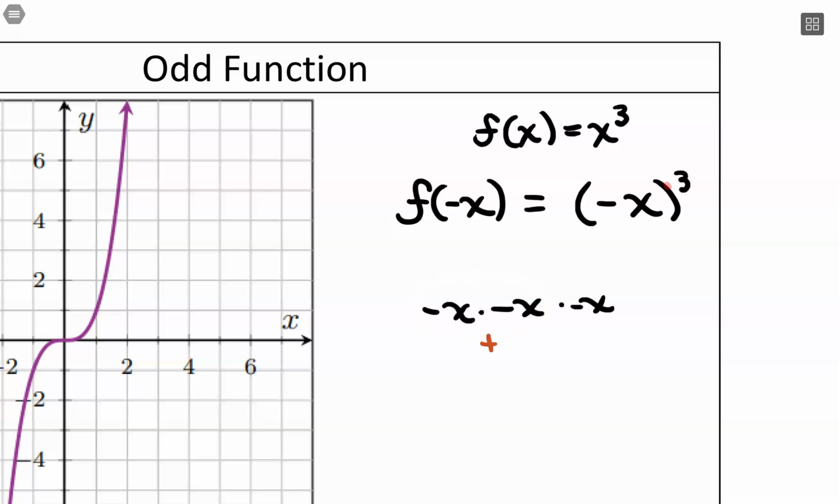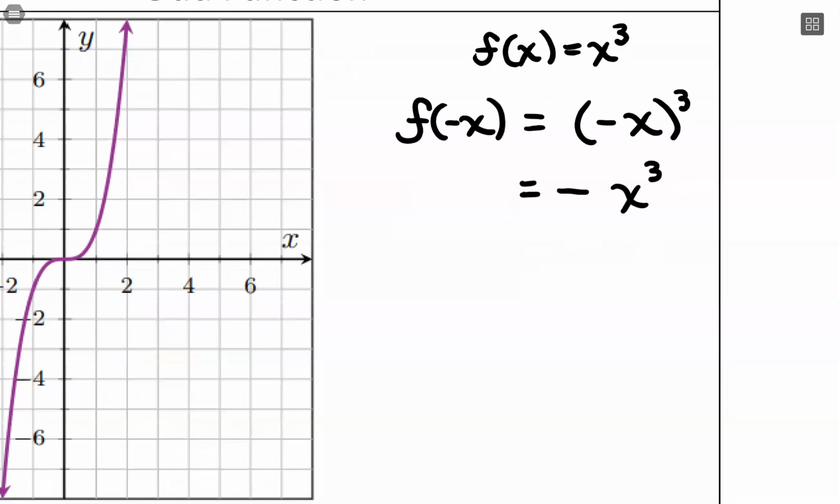And if I had just an even larger odd number, we'd have these pairings that would make these positive numbers, but then you'd always have one more negative 1 multiplying on. So what that means is simplifying these, we'll always end up with a negative out front. So this is the same thing as negative outside of the parentheses and x cubed.